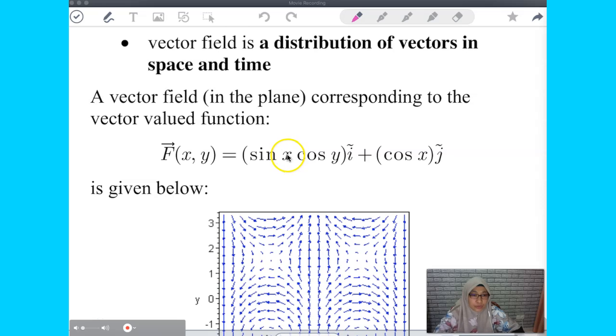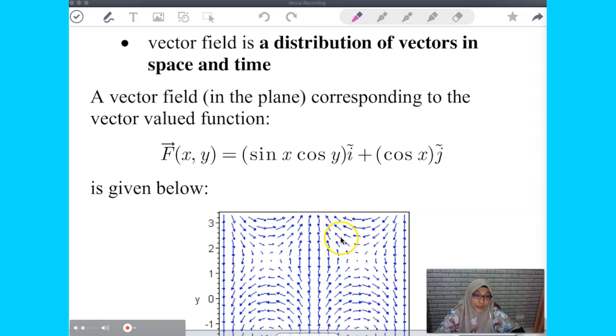Let's say x equal to 0 and y equal to pi, for example, or y equal to 4, and then you substitute that number into this x component, and also into the y component. So you will get a position vector, right? You will get a vector.